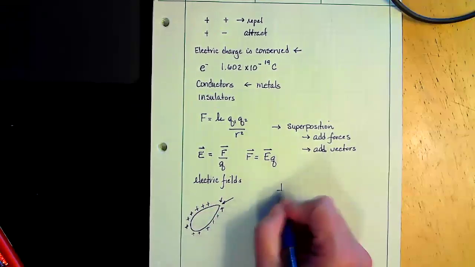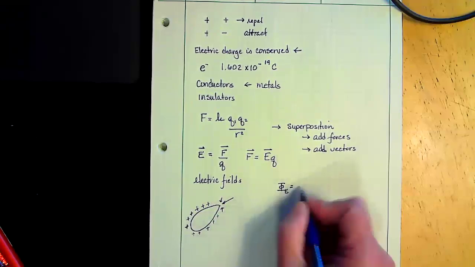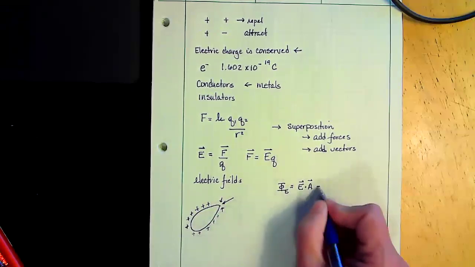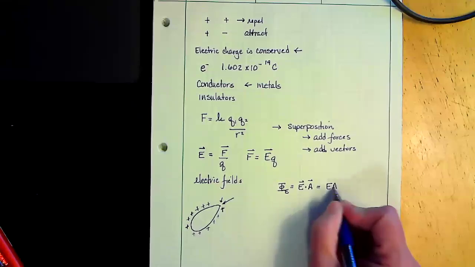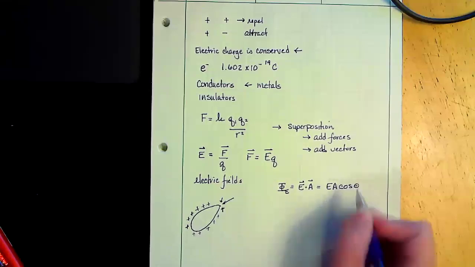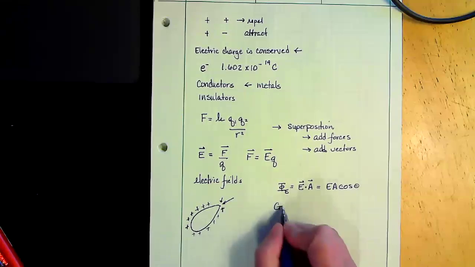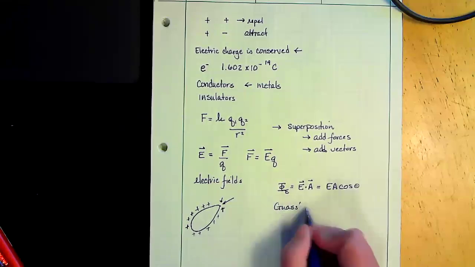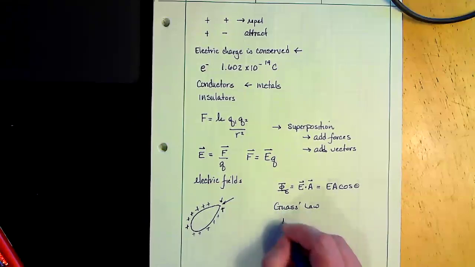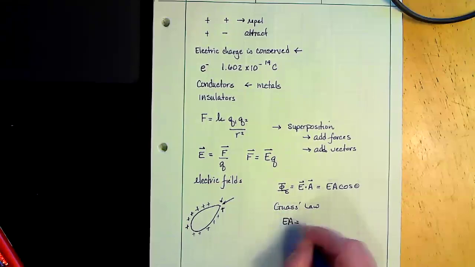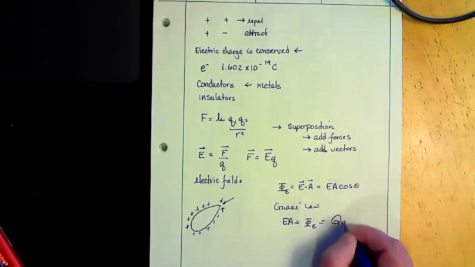Then we get our electric flux, which equals our electric field dot product with our area, which gives us the magnitude. And we get Gauss's law, that is EA equals, for a closed surface, the charge inside divided by the permittivity of free space.